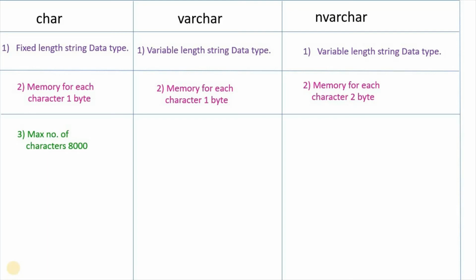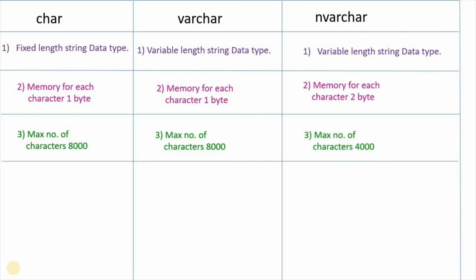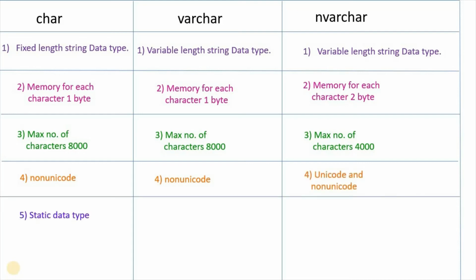Max number of characters: char 8000, varchar 8000, nvarchar 4000. Char supports non-Unicode, varchar supports non-Unicode, nvarchar supports Unicode as well as non-Unicode. Char is a static data type, varchar is a dynamic data type, and nvarchar is a dynamic data type.